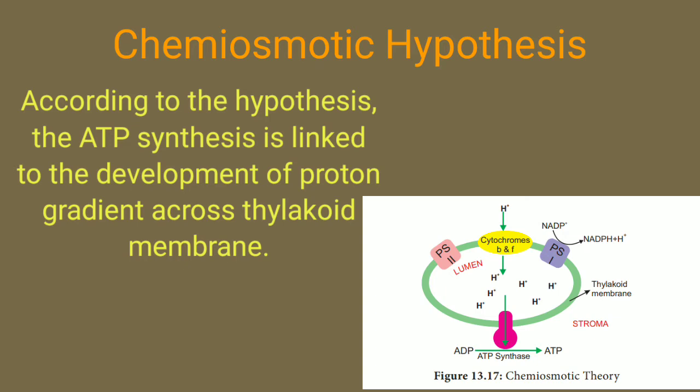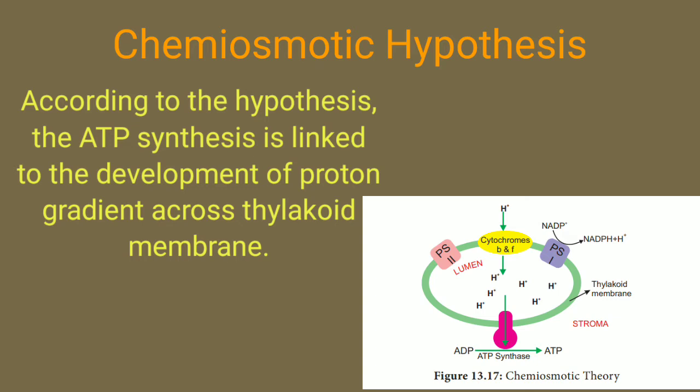These hydrogen protons are released into the thylakoid space after each split of a water molecule during this photo-oxidation process, and in that way there occurs a difference in the proton concentration inside the thylakoid membrane and outside the thylakoid membrane.